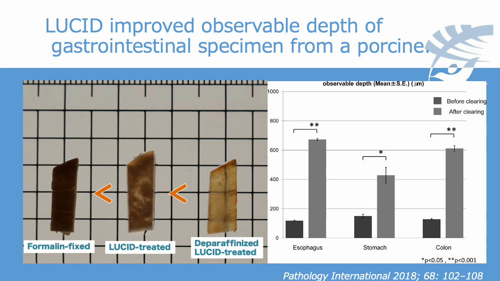The depth of observation improved from about 100 micrometers to 700 micrometers in the esophagus, 500 micrometers in the stomach, and 600 micrometers in the large intestine, probably due to the removal of fat content, which is abundant in porcine specimens, by the deparaffinization step.